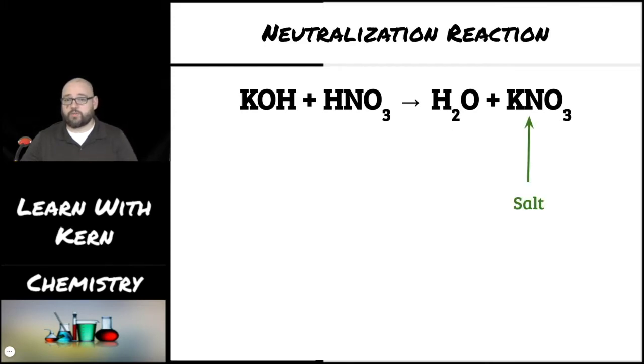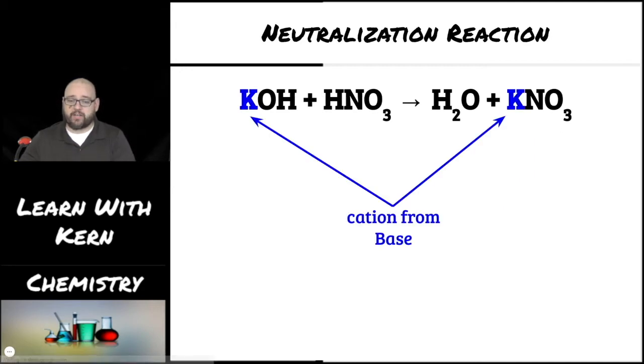That is our salt. So if you ever wanted to identify what the salt in a neutralization reaction is, you can identify the acid, you can identify the base, and then water is easy, and so whatever's left is the salt. So the definition of a salt is the cation from a base and the anion from an acid. You'll notice that potassium nitrate, our salt, has the cation potassium, and that potassium came from the base, potassium hydroxide.